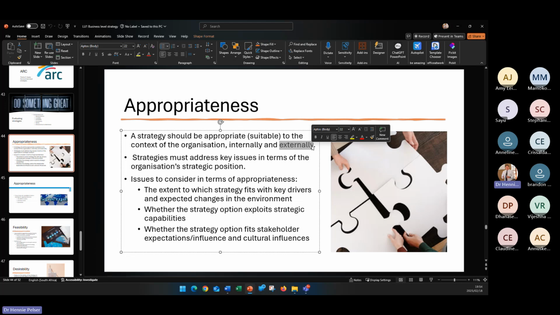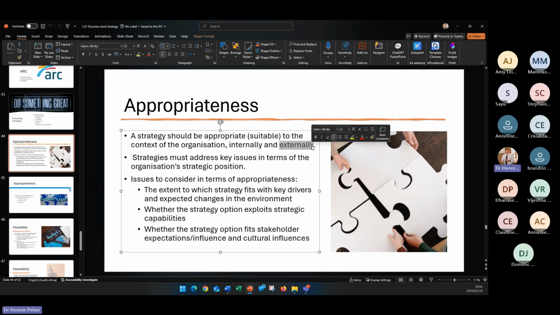And then it has to look at those key areas that this organization wants to adopt in terms of positioning itself in that particular industry. So you can see there, does it fit with what is happening in the industry, with the realities of the industry? Does it maximize what we get out of what makes the organization effective?